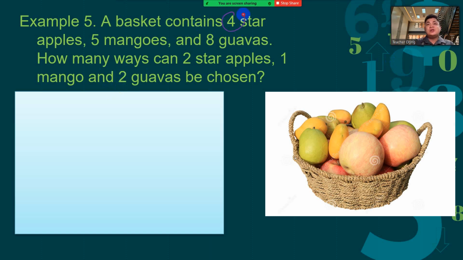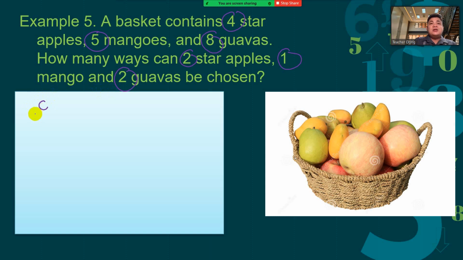we have 4 star apples, and you can only put 2 star apples out of 4. Then we have 5 mangoes, and you can only put 1. And then we have 8 guavas, and you can only put 2. So we have more than 2 elements here. So to get the number of possible arrangements, just multiply all the 3 kinds or varieties.